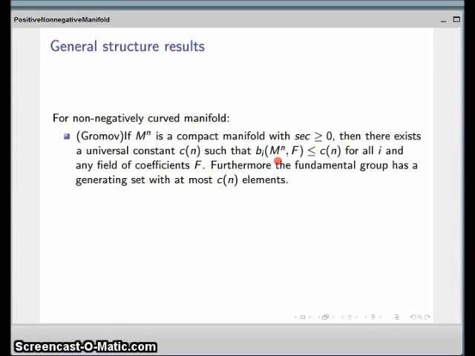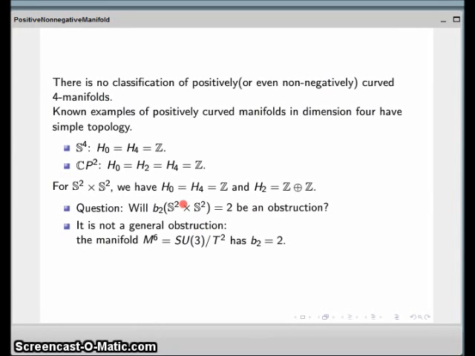The Betti number is actually the rank of the homology group. For example, for S4, we have B0 and B4 equal to 1. For CP2, we have B0, B2, and B4 equal to 1, one copy of Z. And for S2 cross S2, we have B0, B4 equal to 1, and because we have 2 copies of Z, B2 is 2.